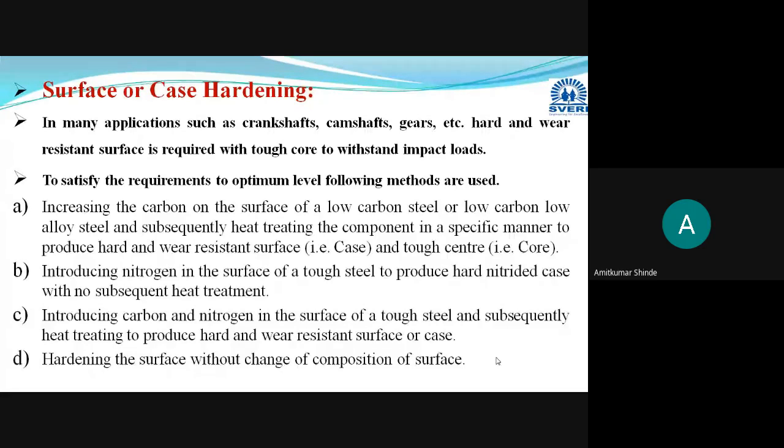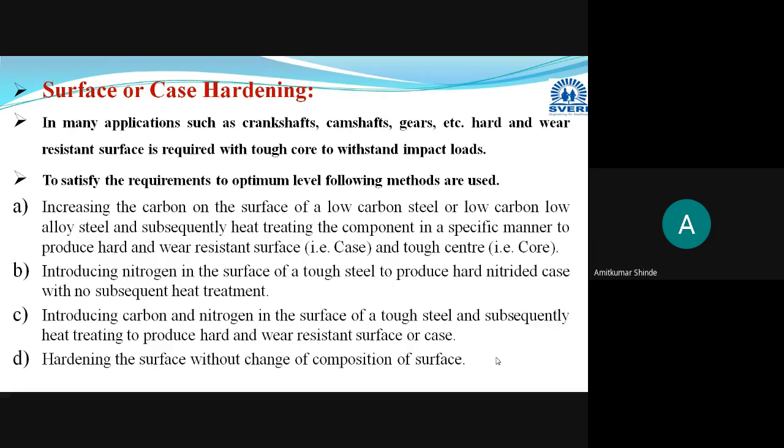In the last lecture, we finished our heat treatment processes. We completed the four heat treatment processes in our syllabus related to the heat treatment of steels: annealing, normalizing, hardening, and tempering, along with their types.